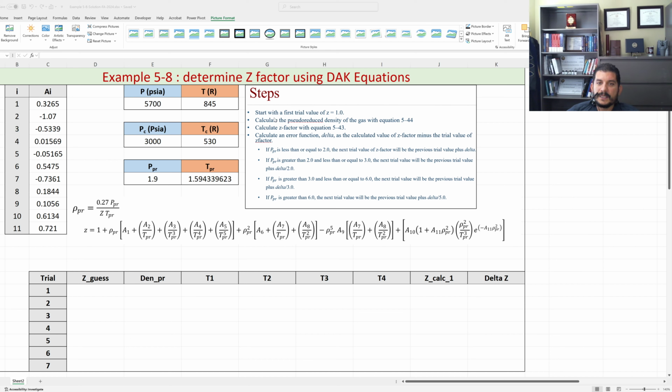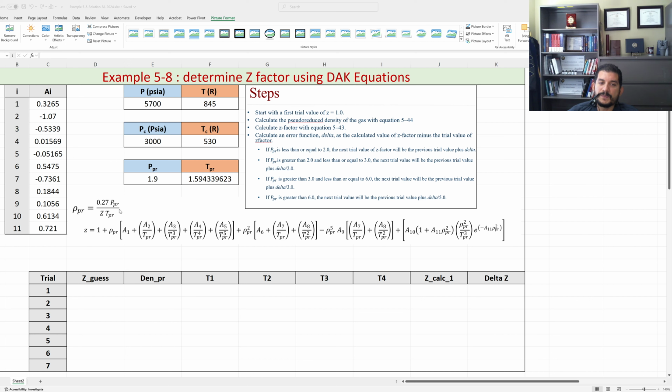So here are the steps. We have two equations. The first equation calculates the pseudo-reduced density, which equals 0.27 times the pseudo-reduced pressure divided by z times the pseudo-reduced temperature. Then we'll use that pseudo-reduced density in calculating z. Now you notice we have two z's.